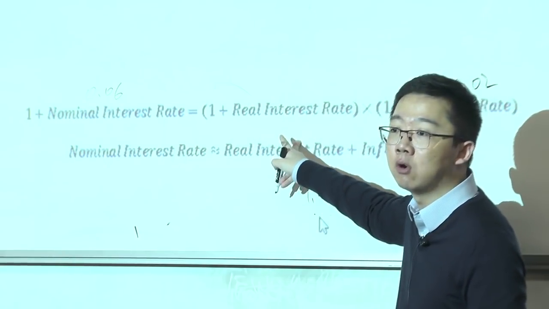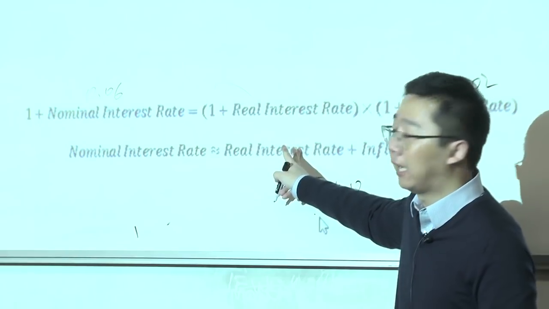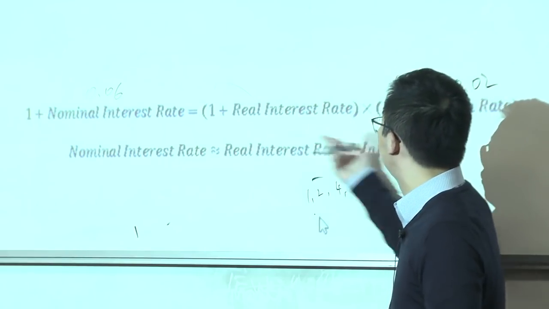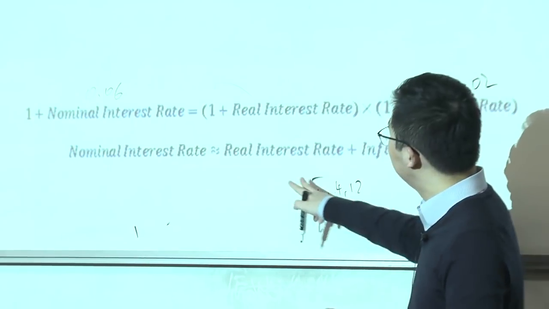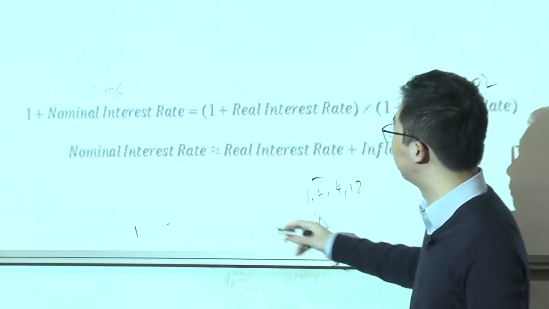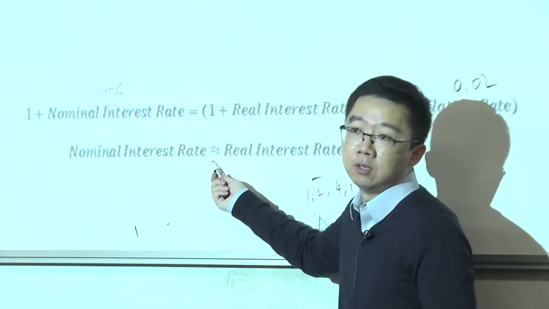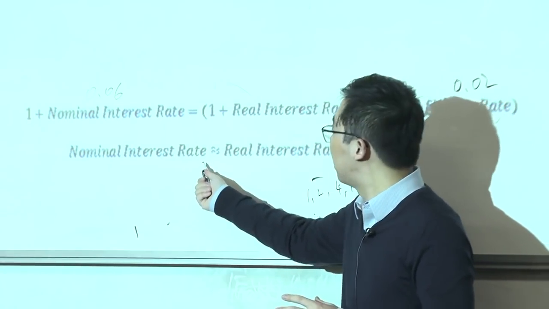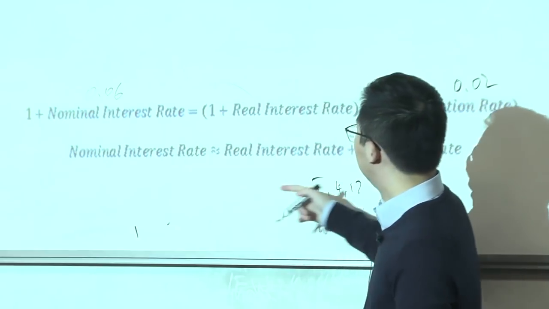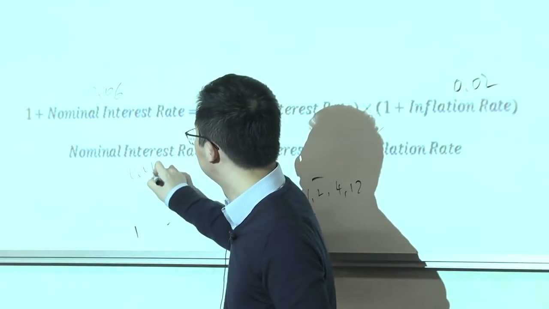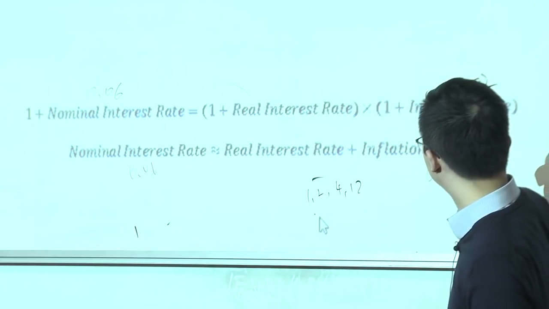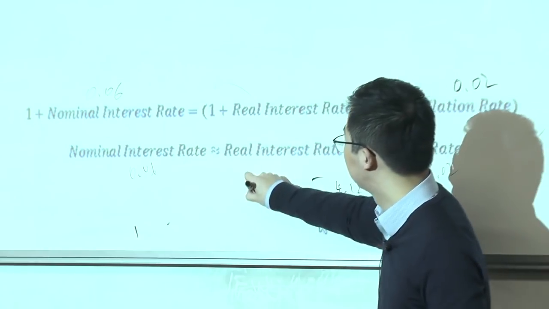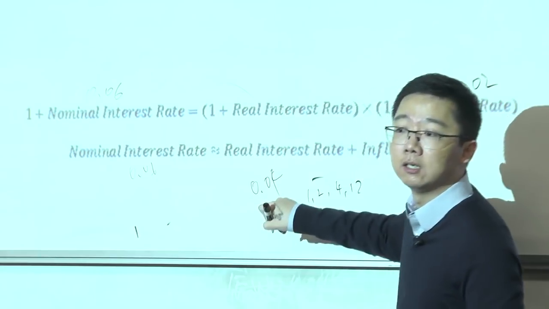That's the only unknown variable here. There is a multiplication between two terms. It seems a little complicated. You can simplify that into an easier form. It's approximately equal, not exactly equal. So 6 is equal to real interest rate plus inflation rate. So that is how much? 4.